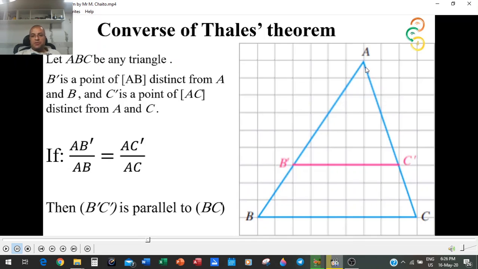So here we have, if we have AB prime over AB equal AC prime over AC, then B prime C prime is parallel to BC. This is how to prove two lines are parallel by using the converse of Thales theorem.